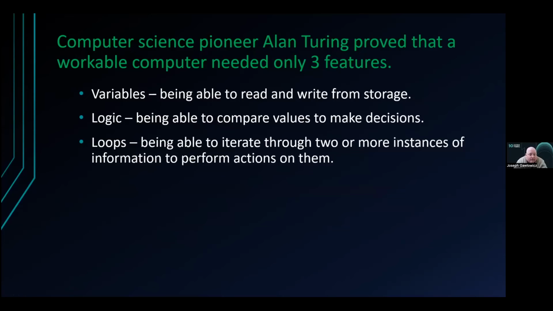Variables, that means being able to read and write information to some sort of storage medium. Logic, being able to simply compare two values to each other in order to make decisions. And then looping, going over data, two or more instances of information in order to perform the same or similar actions on them. Those are the basics.